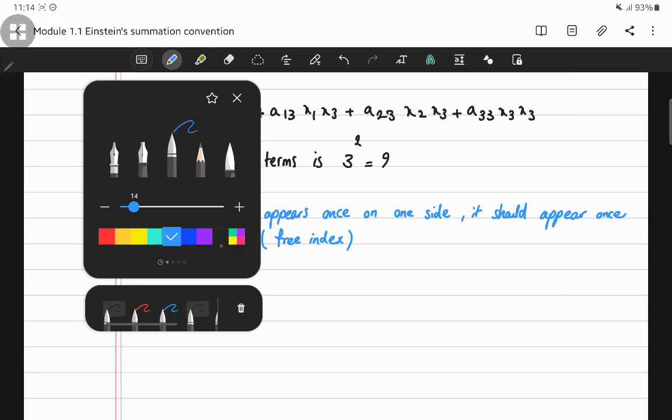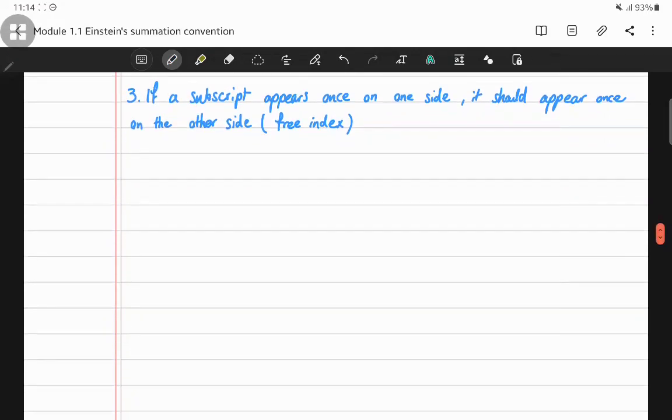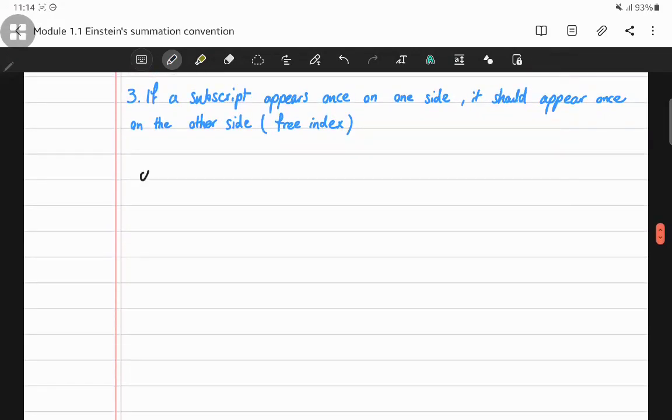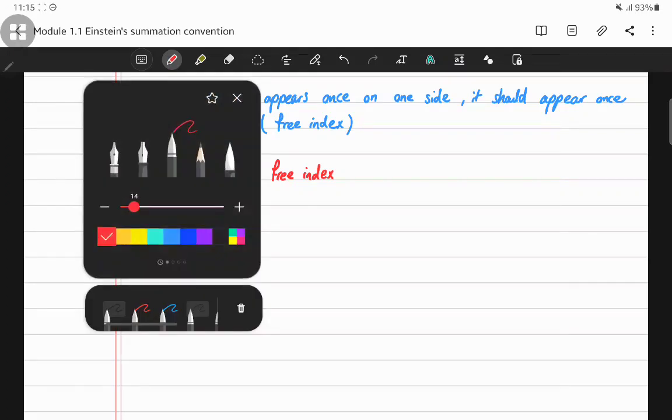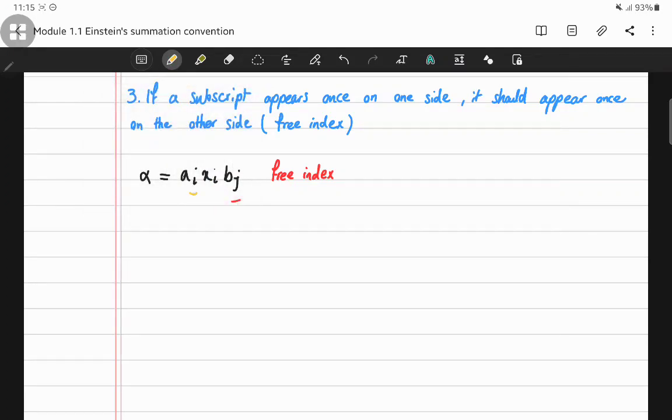So, for example, if I have alpha equal to a_i x_i b_j, here j is a free index, and let's say that these are the dummy indices.